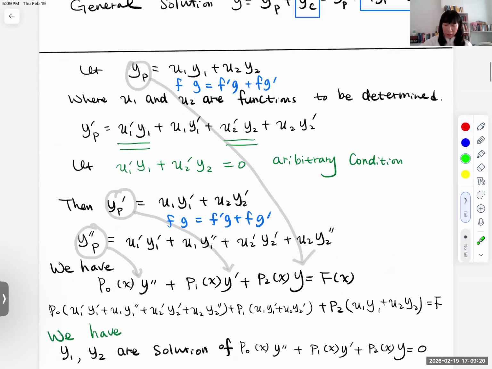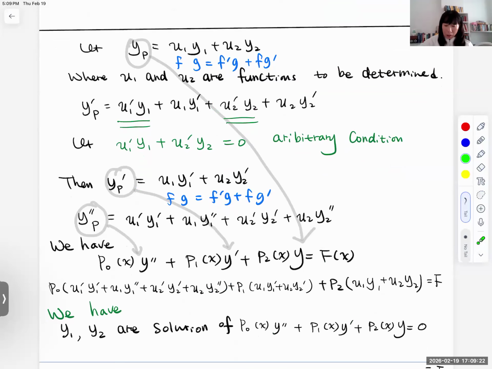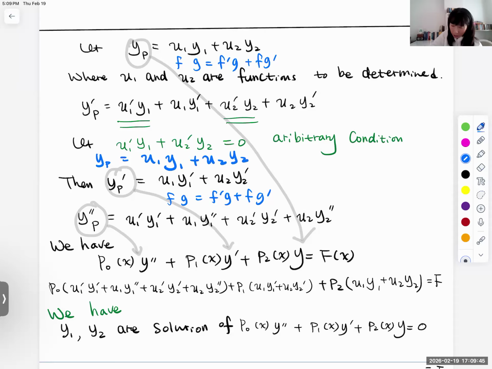All right, from the particular solution, let me write down the particular solution. We have the particular solution y sub p equal to u sub 1, y sub 1 plus u sub 2, y sub 2.